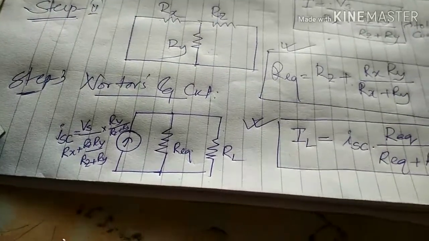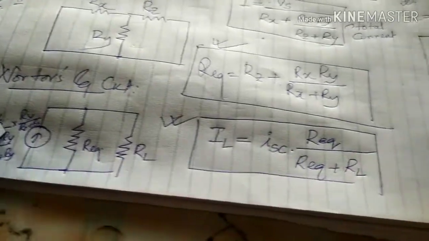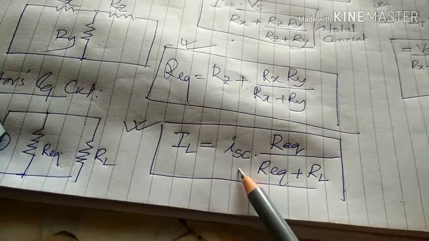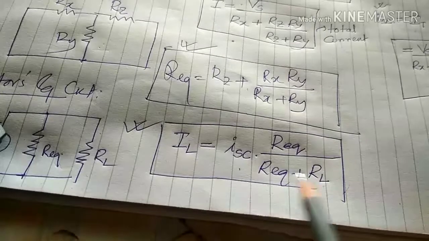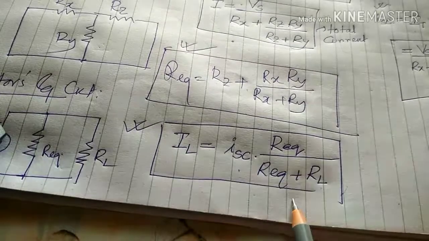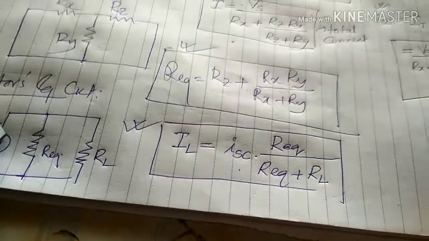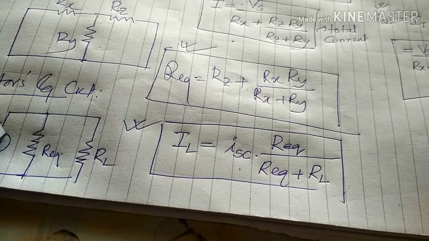So the load current is ISC into R equivalent, the opposite resistance, divided by R equivalent plus R load. So this is the current through the load resistance.